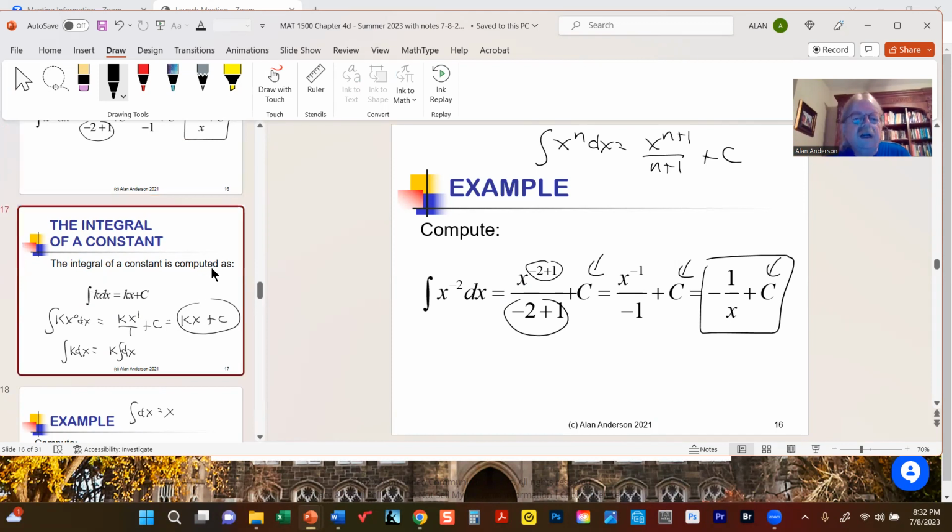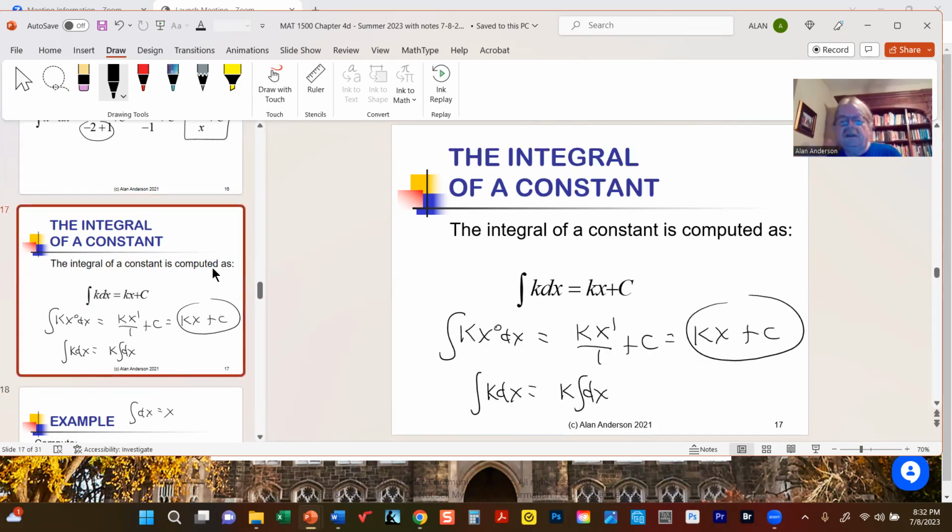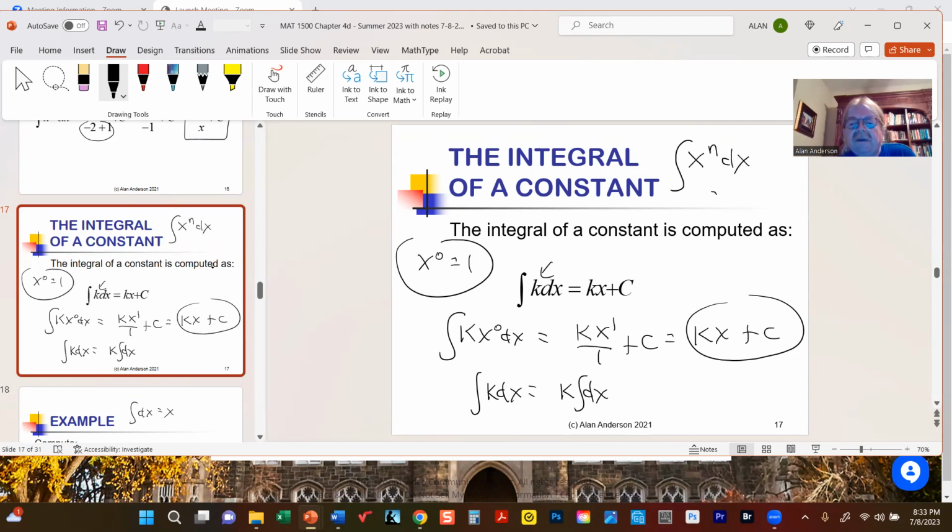Now, the integral of a constant is even simpler. The integral of any constant k gives us back kx plus c. The logic behind that is right here, because even though this says k, you can write this as kx to the 0 power, because of course, x to the 0 power is just 1. And so, using the power rule, that would leave us with x to the n plus 1 over n plus 1 plus c.